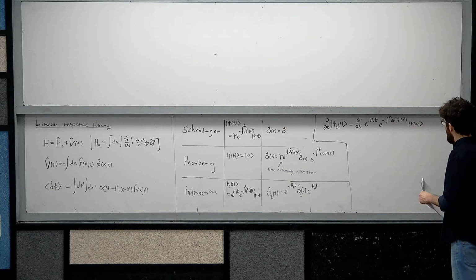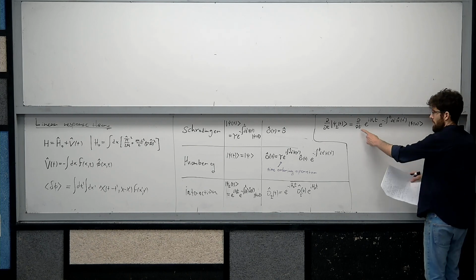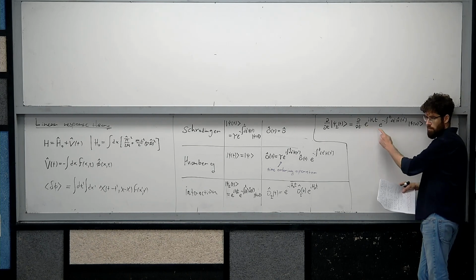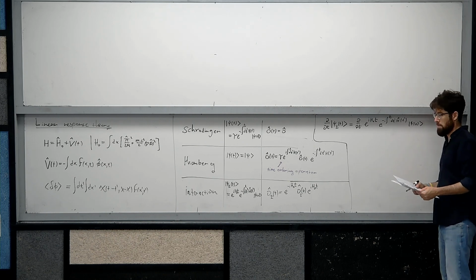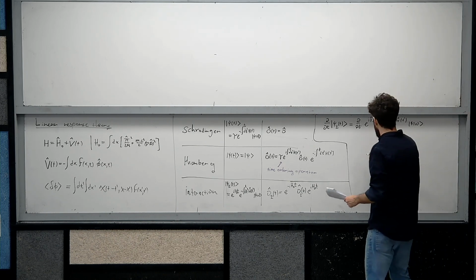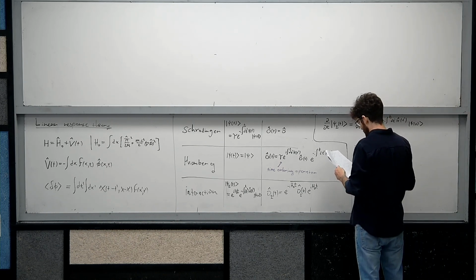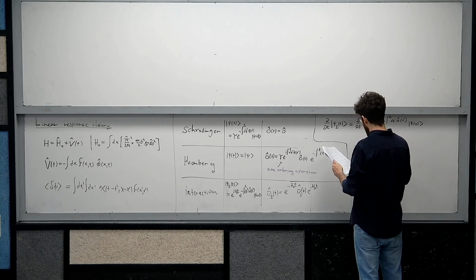Okay, now this operator here, it acts once on this thing and once on this thing. And assuming nothing here commutes, this gives us I e to the I h naught t.